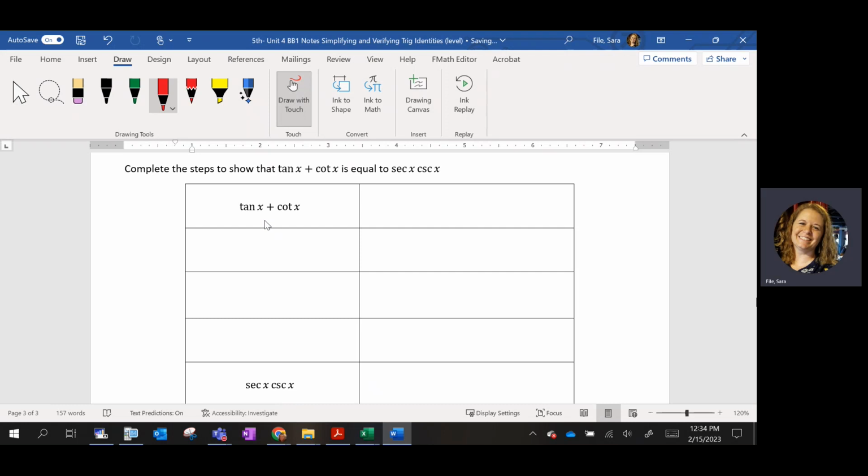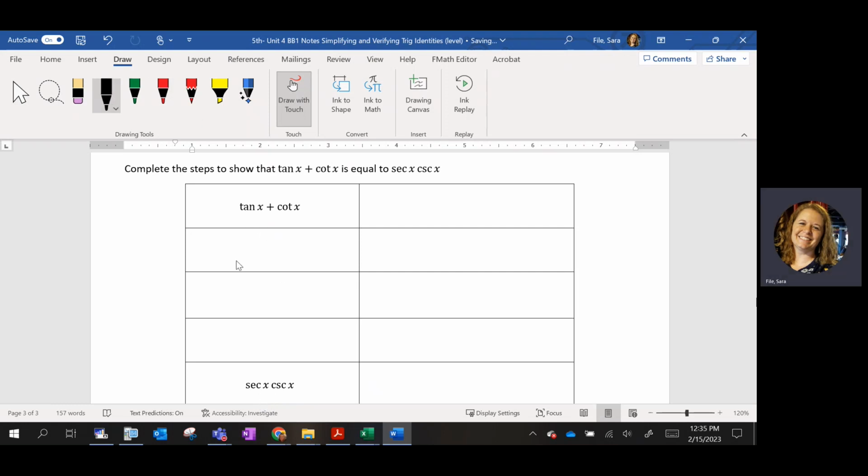A couple ways we could do that. Probably changing everything to terms of sine and cosine is going to be our best bet if you think about it, because that's how we can change from tangent and cotangent terms to secant and cosecant, because secant and cosecant are the reciprocals of cosine and sine, right? So that's how I'm going to start.